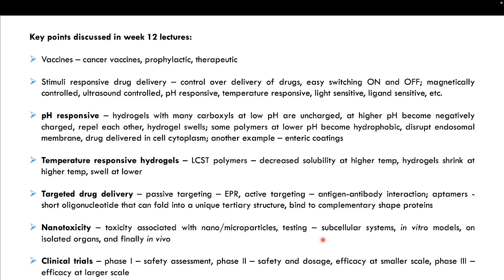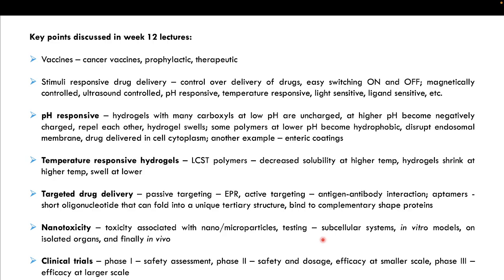So what happens in clinical trials? First you do your studies with mouse, then maybe you can take it to rabbits, then you can take it to bigger animals like sheep or horse, and then after that you can take it to non-human primates, which are your monkeys. You can test your particles in monkeys and see whether it has both efficacy as well as no toxicity, and then after that you have to go for the human trials.